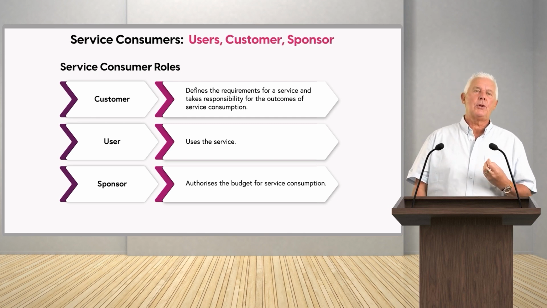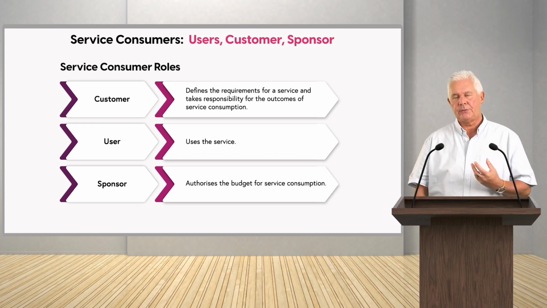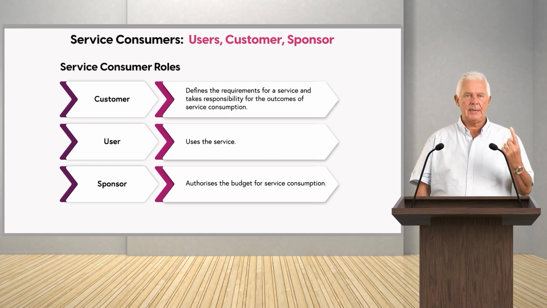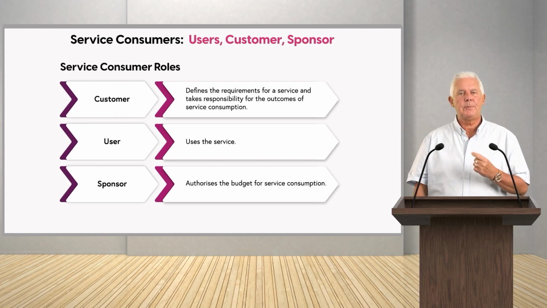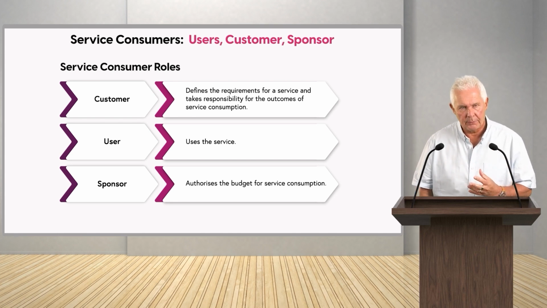The final role is customer. And the customer role is quite important because it's the customer role that defines the requirements for a service and takes responsibility for the outcomes of the service. Okay, so think of the customer maybe as a single role representing the service into the service provider, representing the service back into the consumer organisation. And this point about taking responsibility for the outcomes of a service, just to give you an example of what we mean by this.